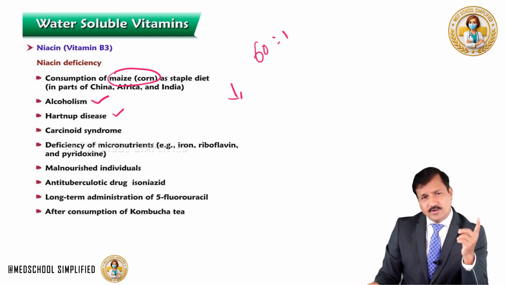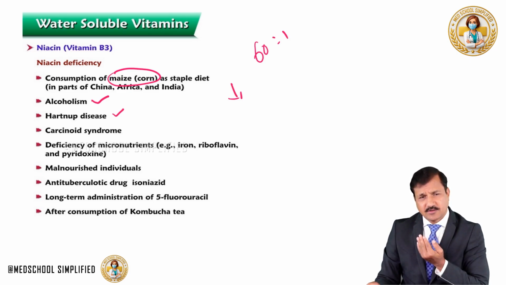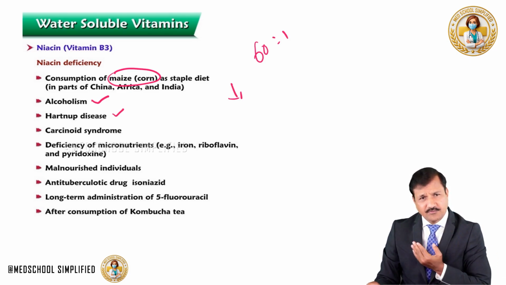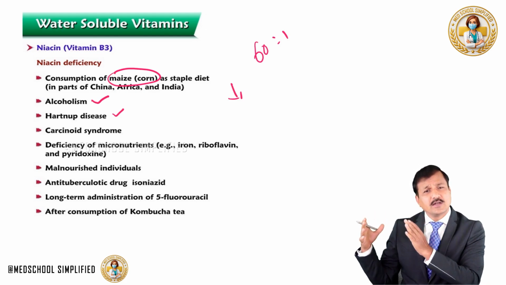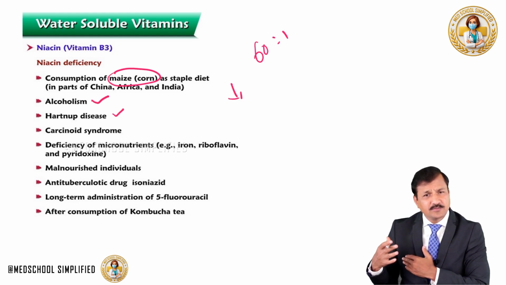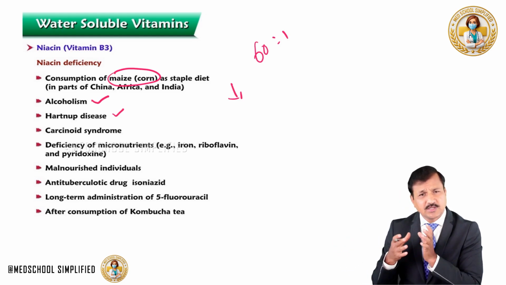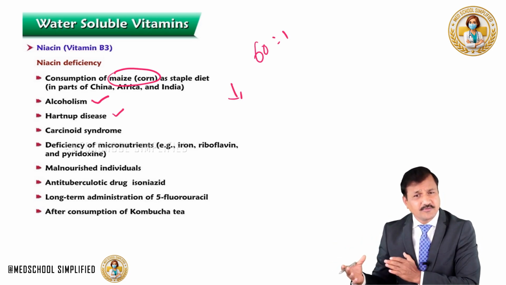So, on one side these patients are not absorbing tryptophan sufficiently from the intestine, and on the other side they are not reabsorbing tryptophan from the renal tubular cells, allowing it to go into the urine. So, there is a loss of tryptophan in the urine.